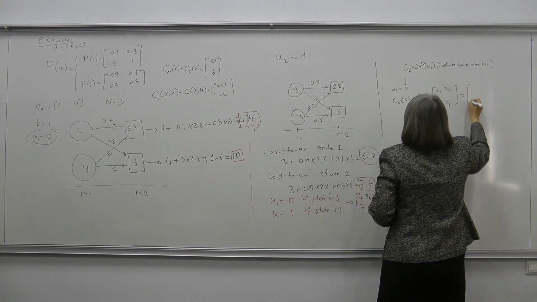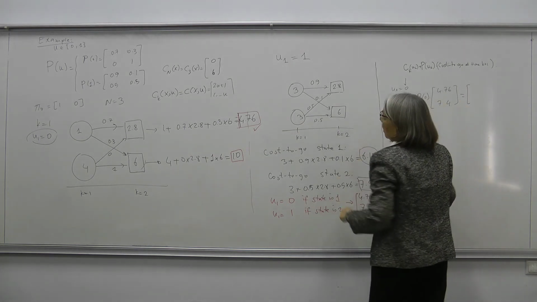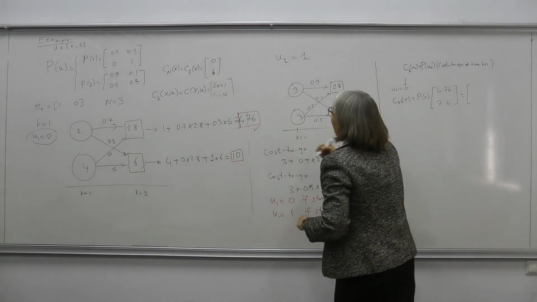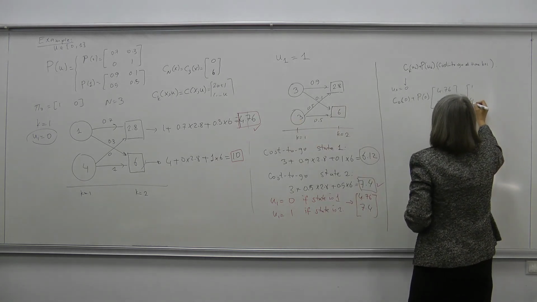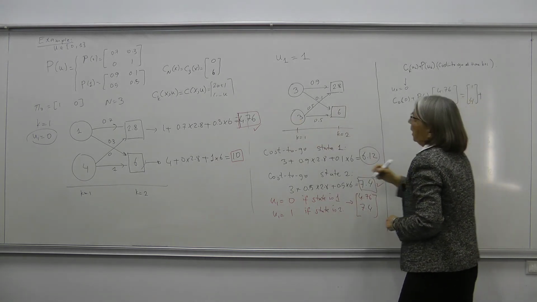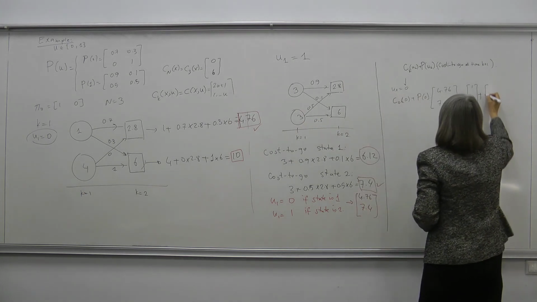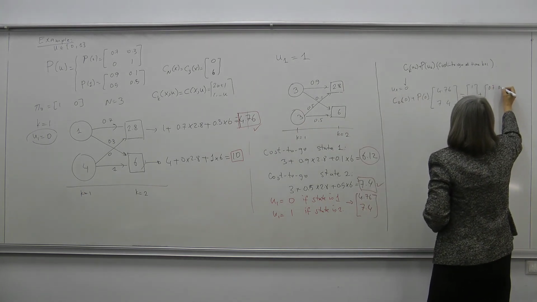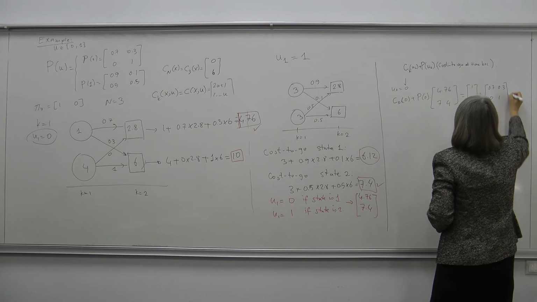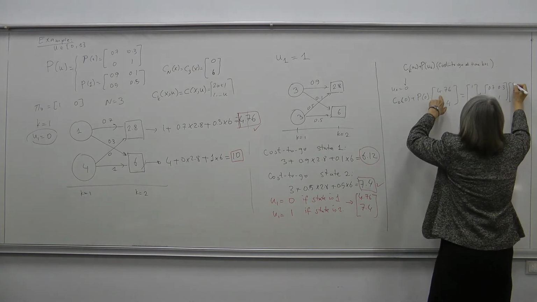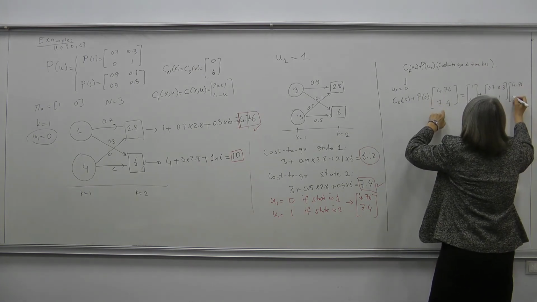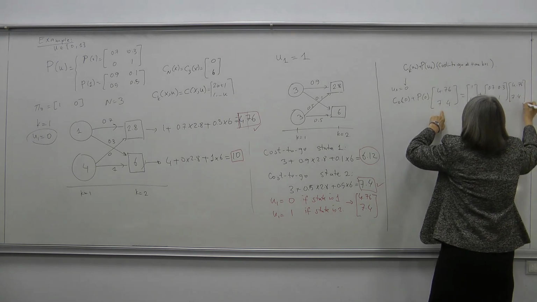C0 is known, and it is equal to 1 and 4 when input is equal to 0, plus P0, which is known and equal to 0.7, 0.3, 0, and 1, multiplied by 4.76 and 7.4.